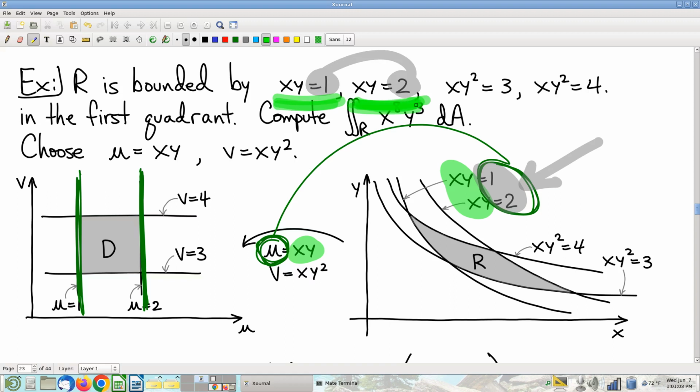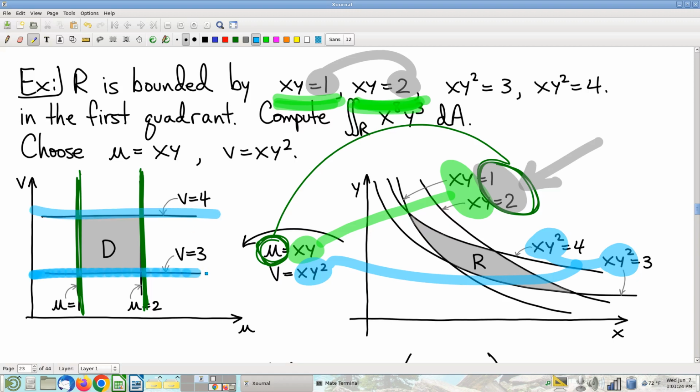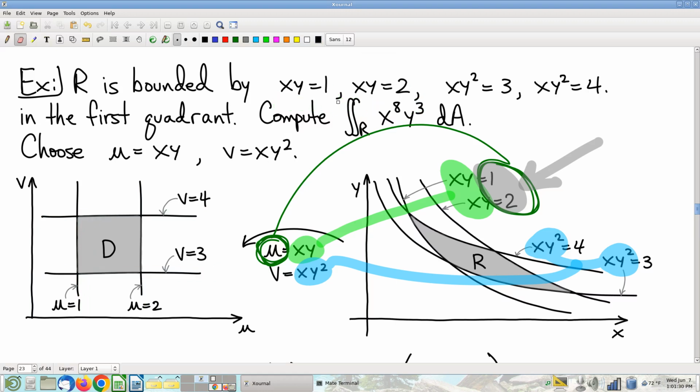But if you have your curves written as level sets, whatever you're taking level sets of, let that be u. And then likewise, in this other example over here I have xy squared equaling various constants. Let that be v, and then you get these lines. Real slick idea, very clever, gotta love it.